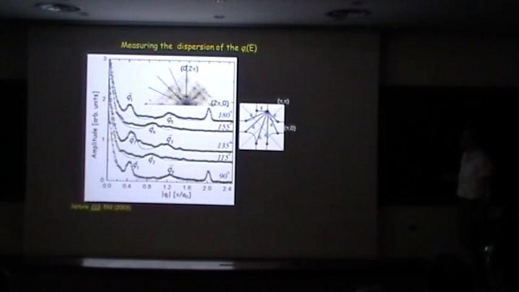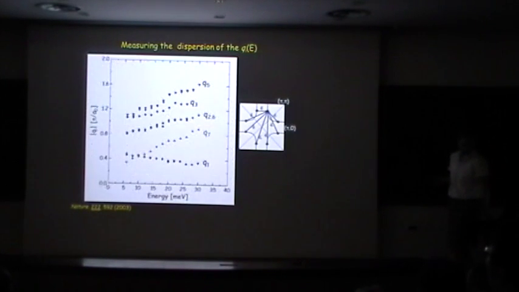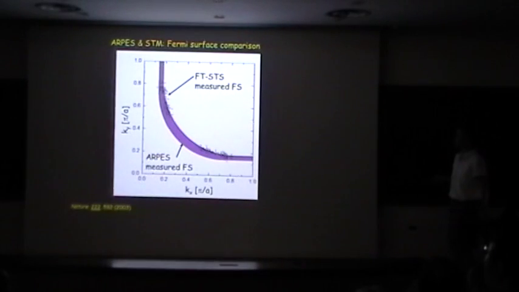You can fit the magnitude of the Q vectors at each energy and plot the magnitude of each Q vector as a function of energy, and in fact find that they follow very similar trajectories to the expected trajectories for the Q space V1 zone. And we can map out a Fermi surface that agrees well with our test.